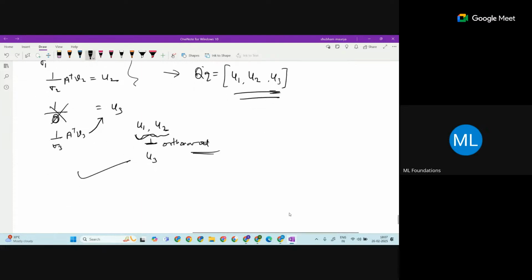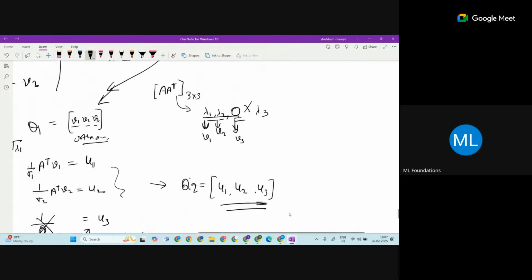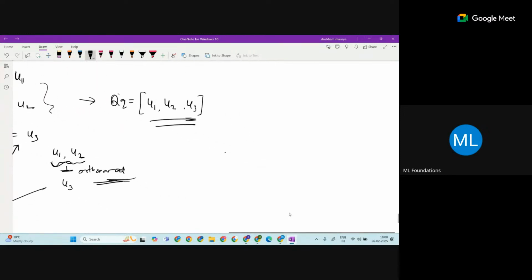The next step: if you are facing difficulty, either you can follow this method, finding the orthogonal vector, or another method to find Q2 is to find A transpose A, whatever matrix you get, and find its eigenvalues.